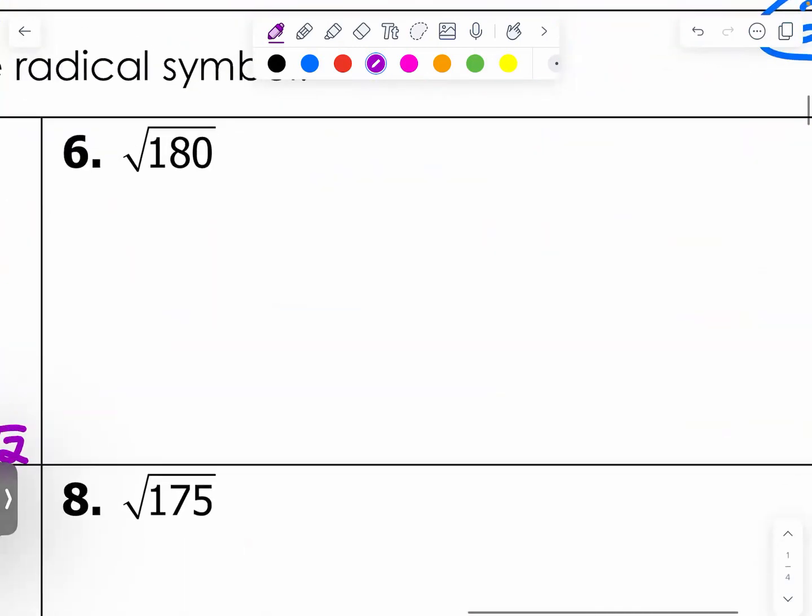Okay, so let's look at number 6. 180. Can you think of a perfect square that divides into 180? 9 times what? 20. 20 still has a perfect square though, so I need a number bigger than 9. 20 has a perfect square that divides into it. 12 is not a perfect square.